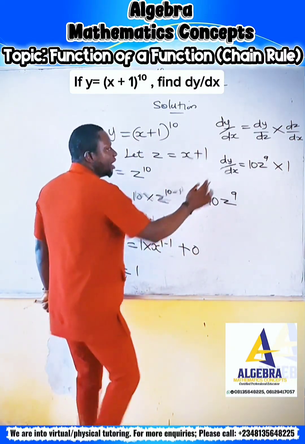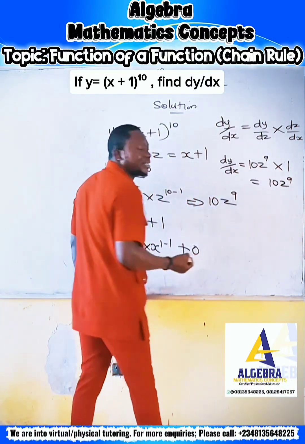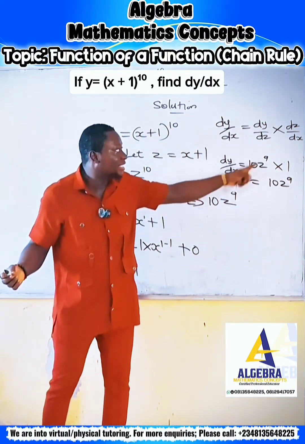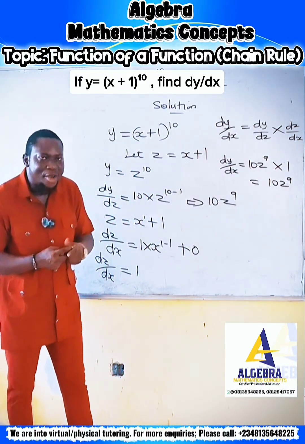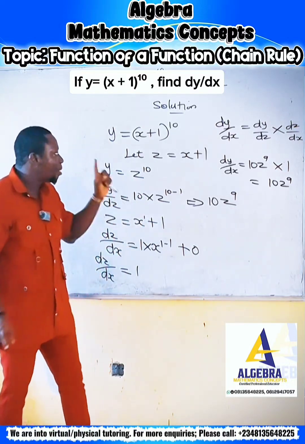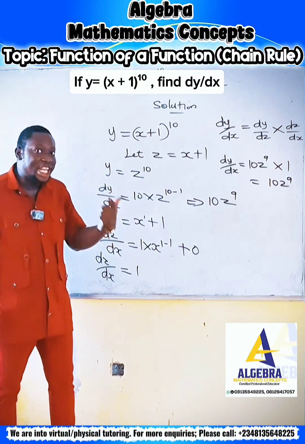So multiplying this, 10z to the power of 9 times 1, I will get 10z to the power of 9. Alright, my final answer will be, remember I assumed z to be s plus 1, so where I see z, I will substitute s plus 1.